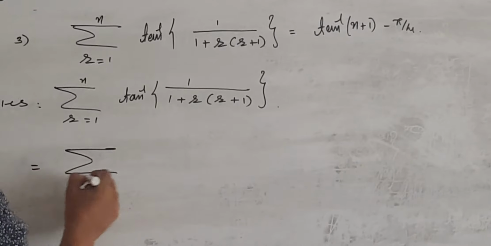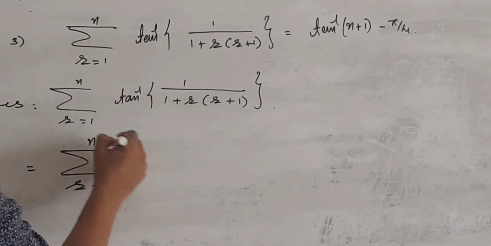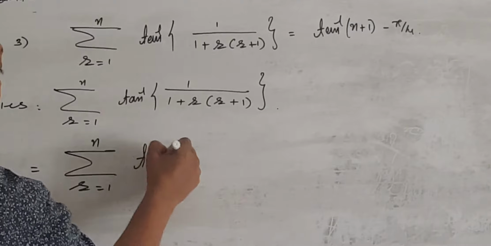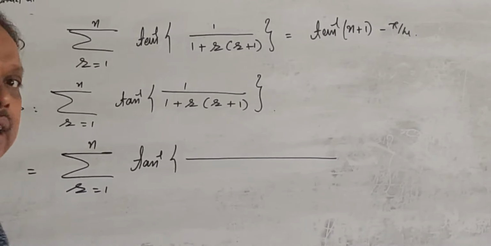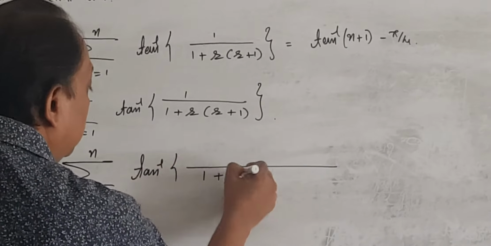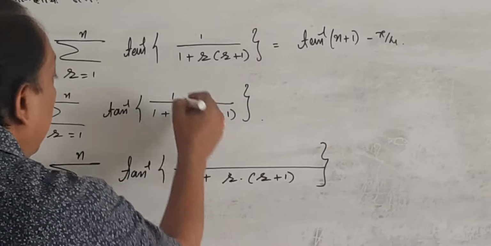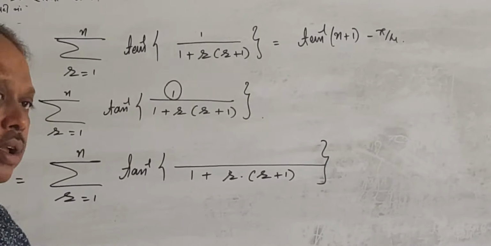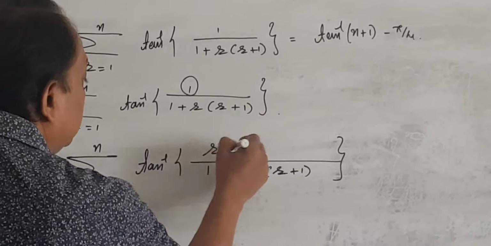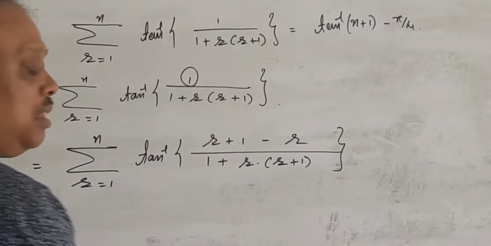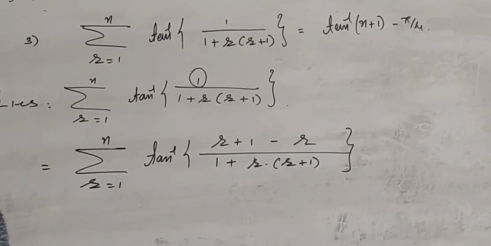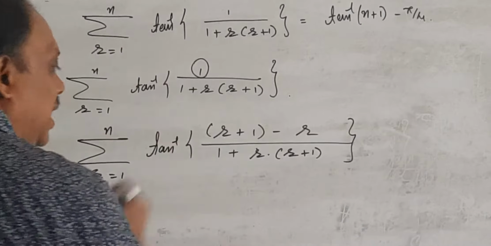Sigma of r is equal to 1 to n tan inverse, your denominator is what? 1 plus r into (r plus 1). In place of this one, we use it like this, (r plus 1) minus r. So r is cancelled, so 1 is only there, but we keep it as a 1 in brackets.